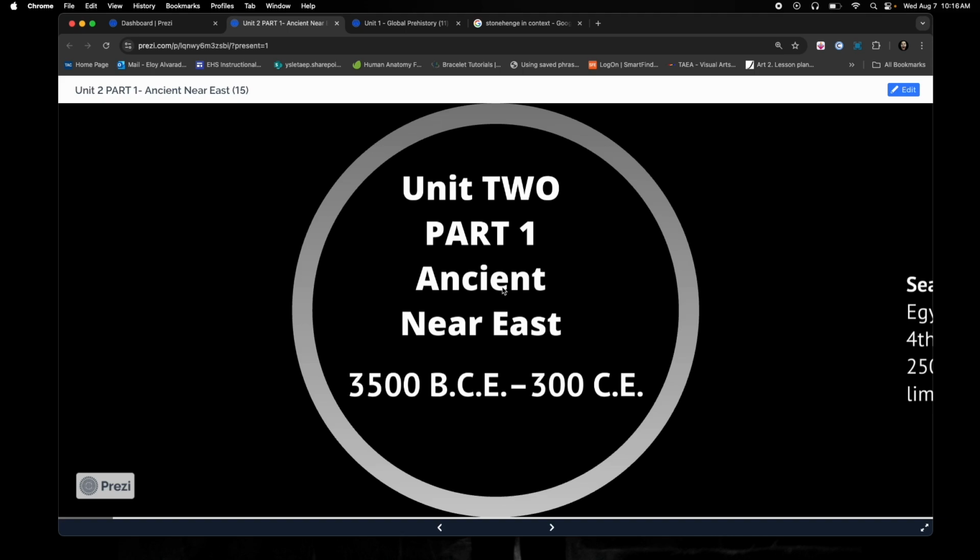And so that'll be later. But for now, this is Unit 2, Part 1, Ancient Near East. All of the images are written on the board. The different colors represent the different cultures that we're going over.